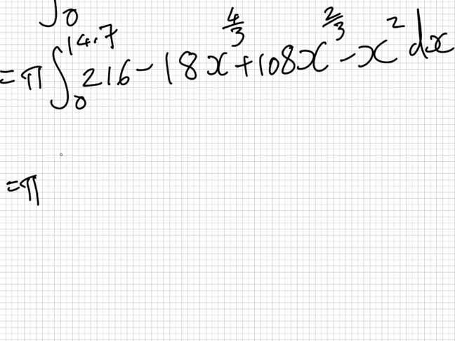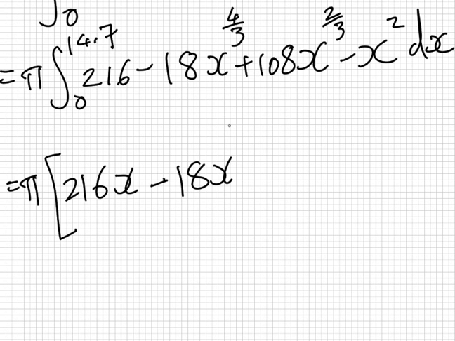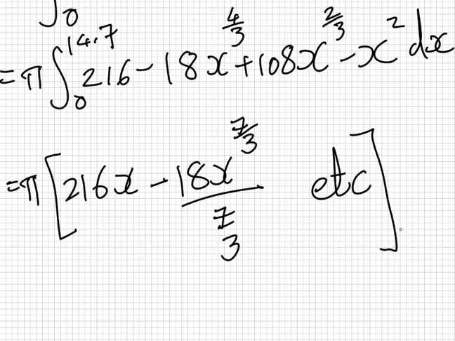For example, what would 216 become? 216x, and then the next one would be 18 x to the power, so you have to add 1, that would be 7 over 3, divided by 7 over 3, etc. And then at the end you put in 14.7, then put in 0, and subtract them. It would be wasting your time if I show you the rest of that.